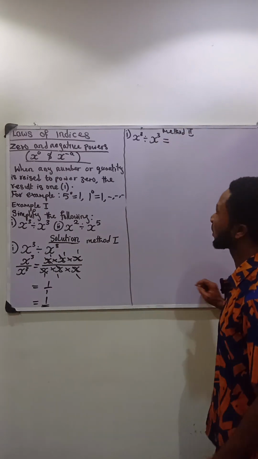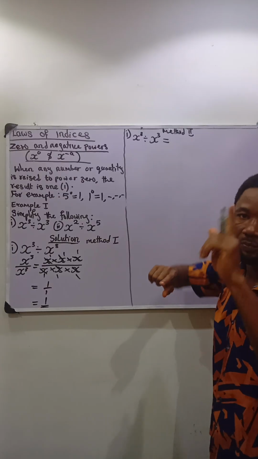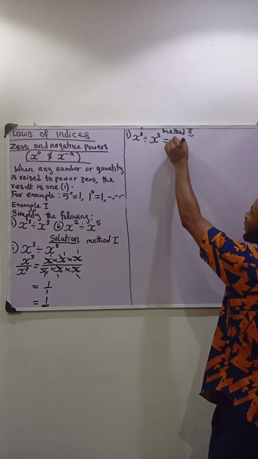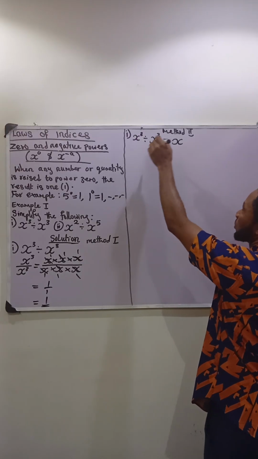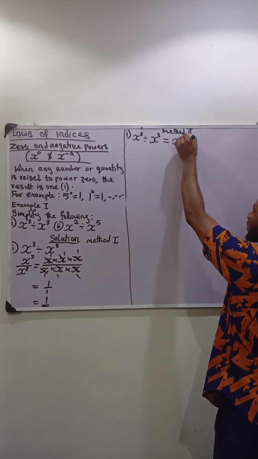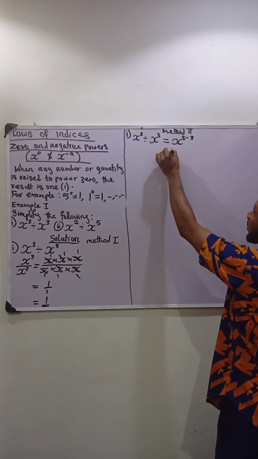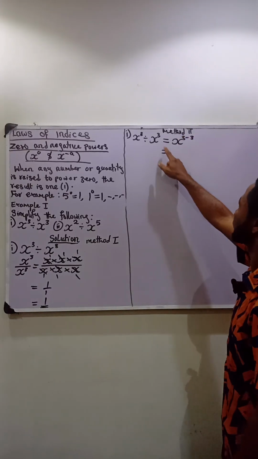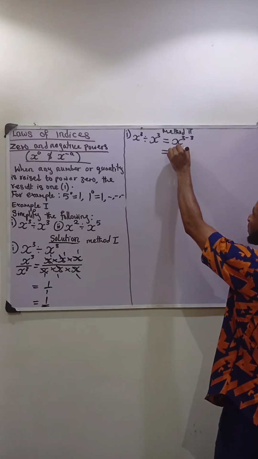From our previous class, we all know that they have equal base. And when they have equal base, you pick one of the base. So have s. Now, because here is division, you change to minus sign. 3 minus 3. So our answer here will give us s raised to the power of what? 0.